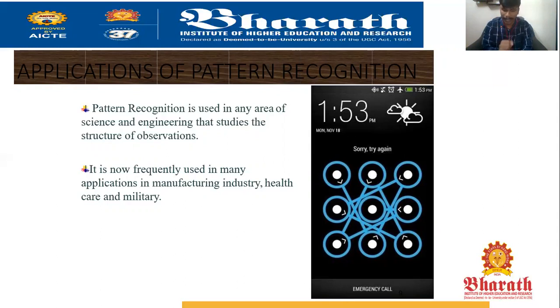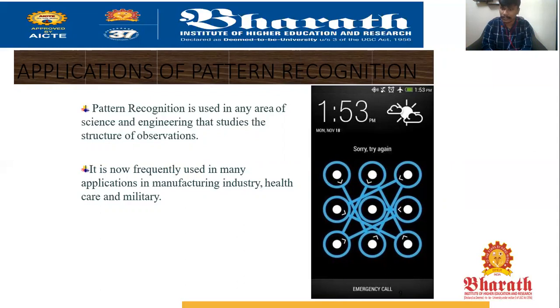In our laptops, tabs, and mobile phones, we put patterns or passwords to protect the privacy of the user. This process has been extracted from the artificial intelligence branch of pattern recognition.